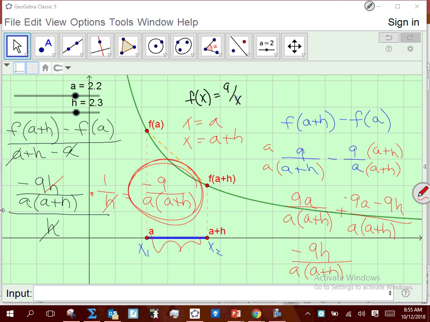Because that means that blue distance is really small, and those points, f of a and f of a plus h, those y values are really close together on that curve. And then that secant line, that dotted orange line connecting f of a and f of a plus h, becomes a tangent line, and now we can find the slope of that curve.